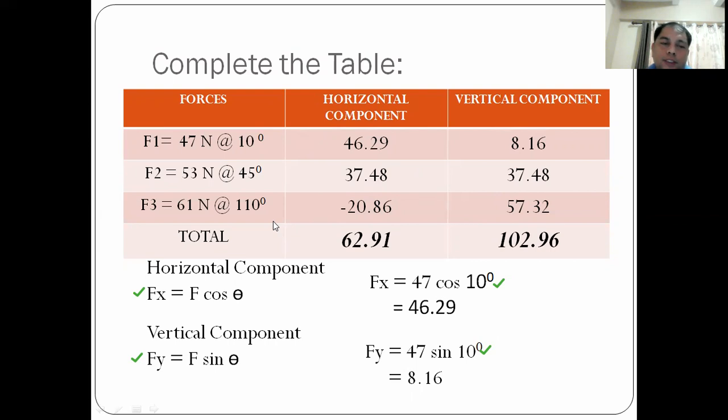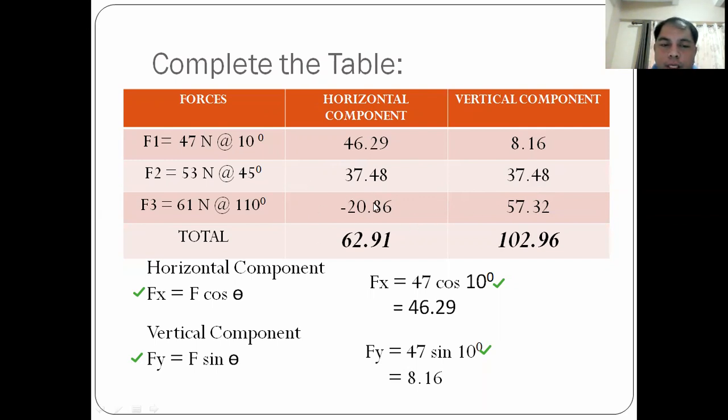Now, if we do the same for F2, 53 cosine of 45 gives us 37.48. And we will also get the same answer for our vertical component. So 53 sine of 45 is equal to 37.48 also.